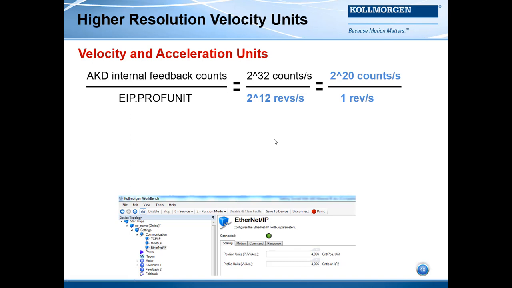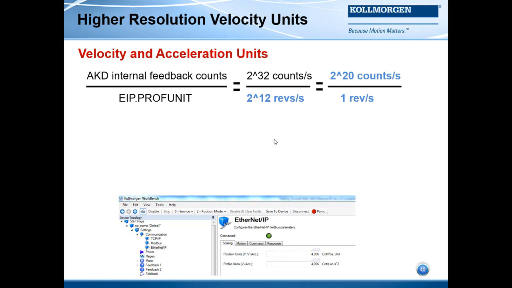It's also notable that in order for the math to work out to an even number without any repeating decimals, you would need to have your EIP.PROF_UNIT set to some value that's 2 to the x.